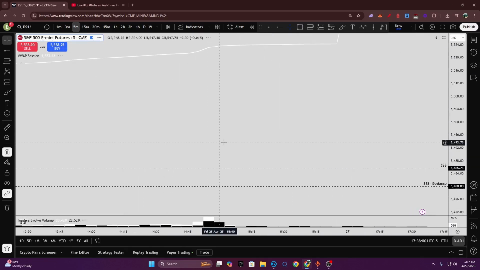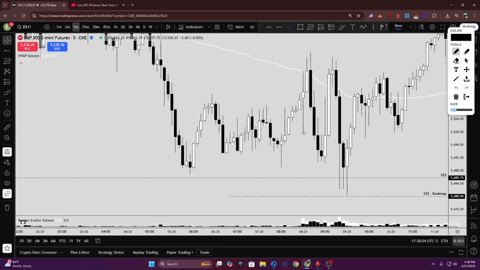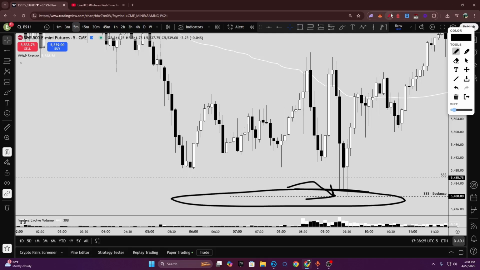Now, if you go down to a smaller time frame, we see that after market open, price was going up, down, and then finally we push lower and we sweep this liquidity level right here. Now, we're waiting to see a reaction on this level. And what we also notice is that on Bookmap, there's key liquidity down at these lows.